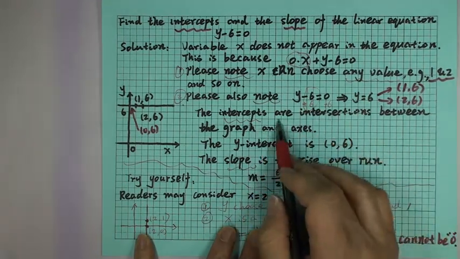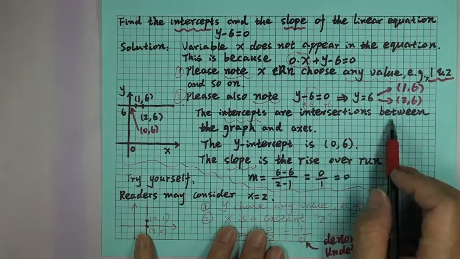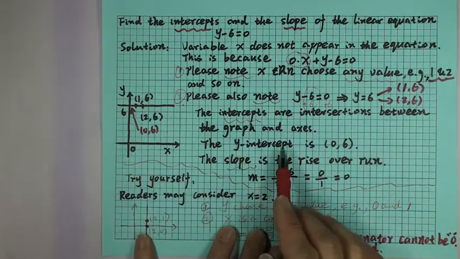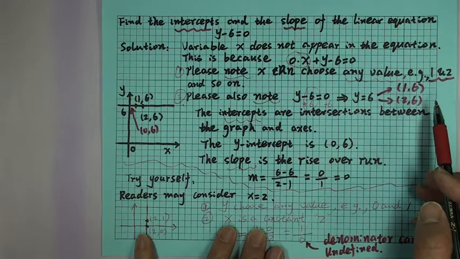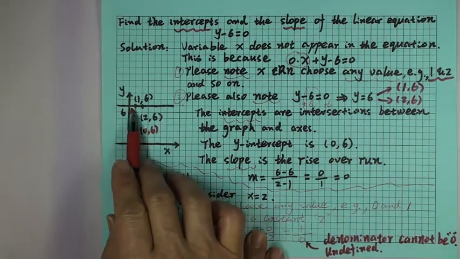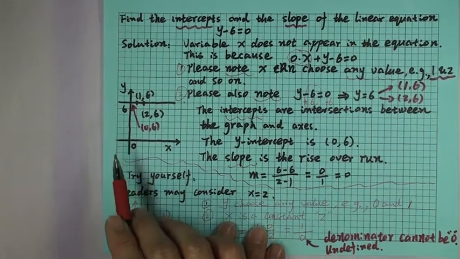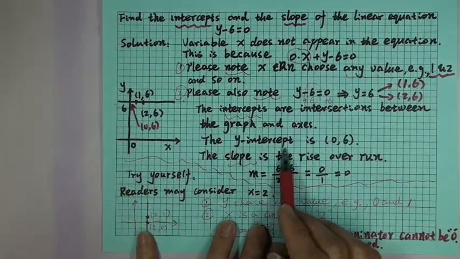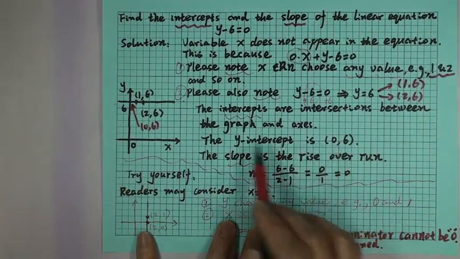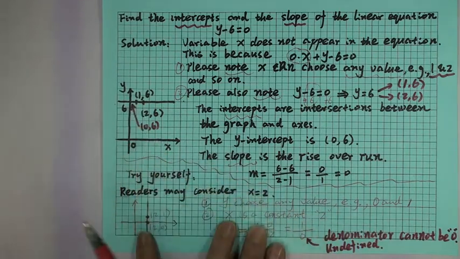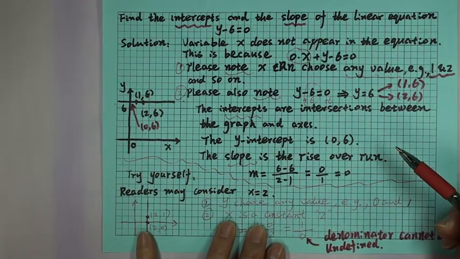We know the intercepts are intersections between the graph and the axis. And here the horizontal line has an intersection with the y-axis, which is 0, 6. Then we say the y-intercept is 0, 6. It's right here. Alright. So there is no x-intercept.